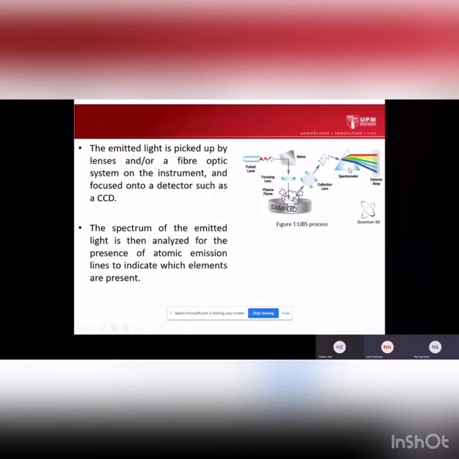The band of colors will be analyzed for the presence of atomic emission, so we can know which elements are present. From the color, usually we know the wavelength of the light. So we can determine this wavelength is what color, this wavelength is what color, right? So based on this process, that is how we can determine which elements are present in our sample just now, such as powder.